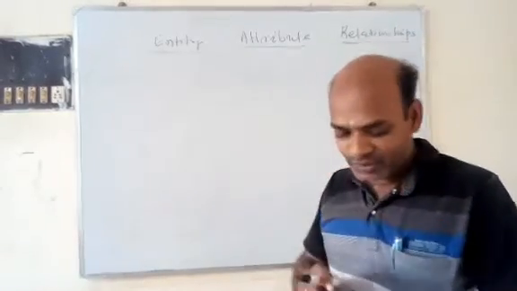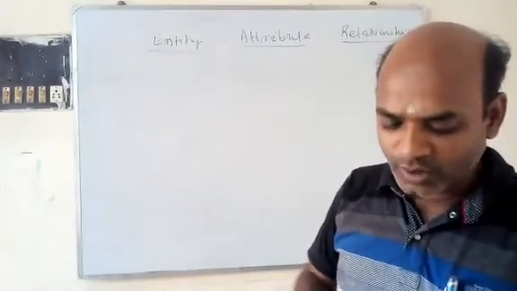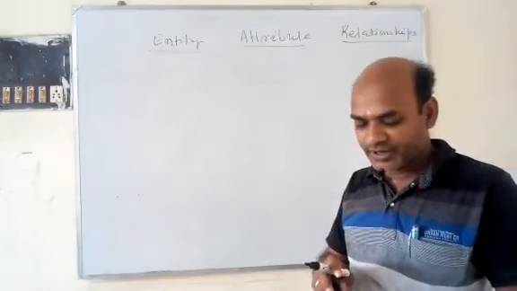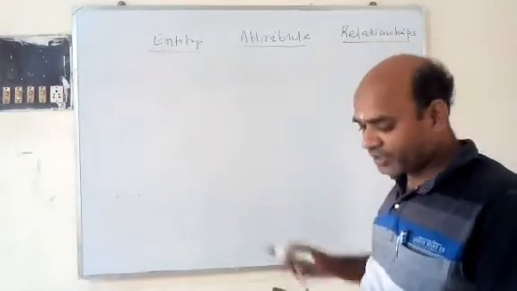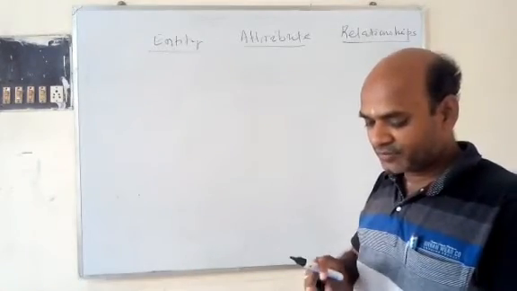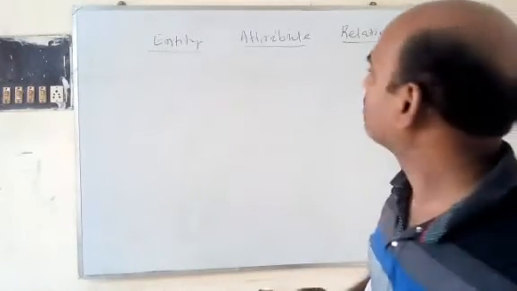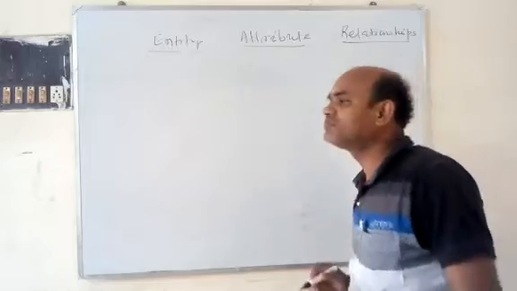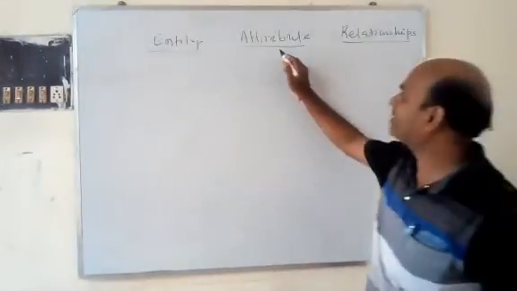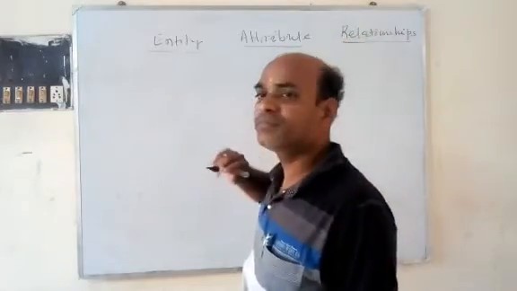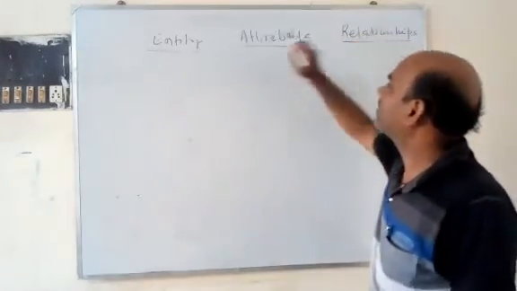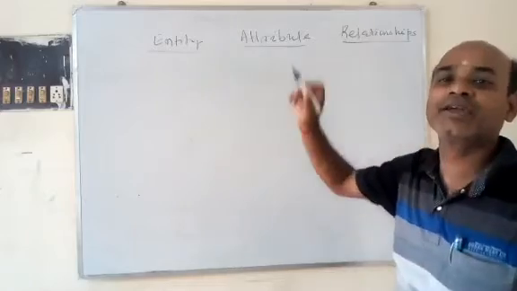So entity is the real world object, and the properties of this entity are nothing but the attributes. That means attributes describe the properties of an entity, and entities are interlinked.